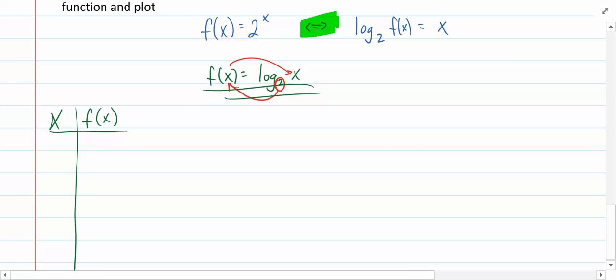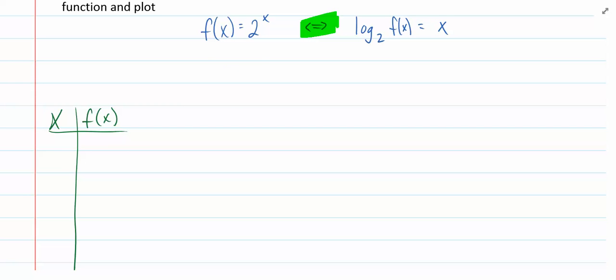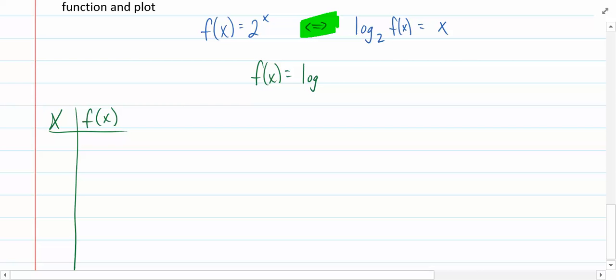Instead of picking a value for x, let's pick a value for f of x. Again, we're dealing with f of x equal to the logarithm base 2 of x. If I pick a value for f of x, that will be very easy for me to work, because then I can raise 2 to that power and obtain a result for x.